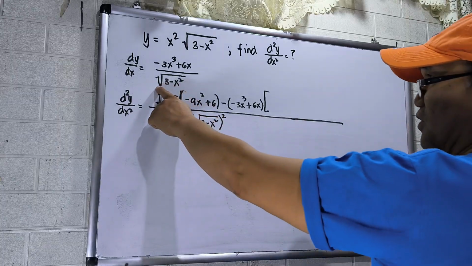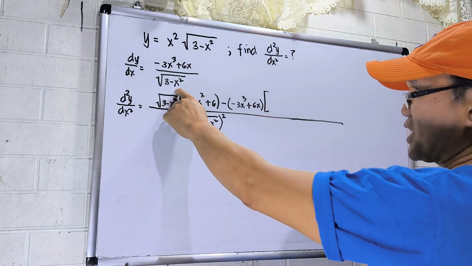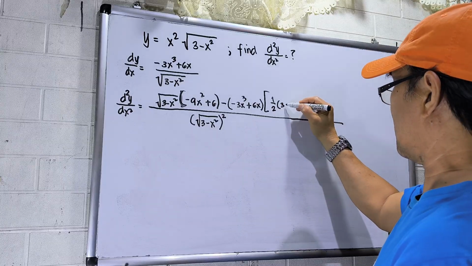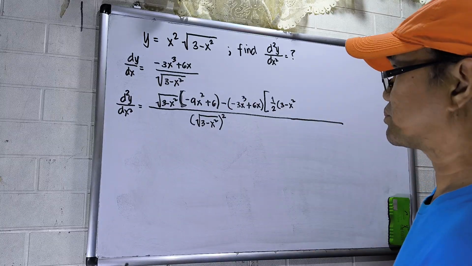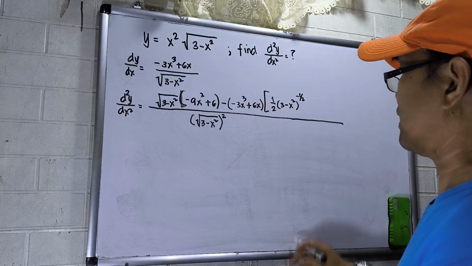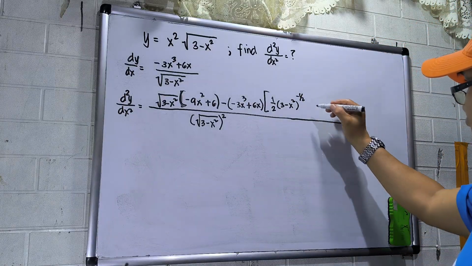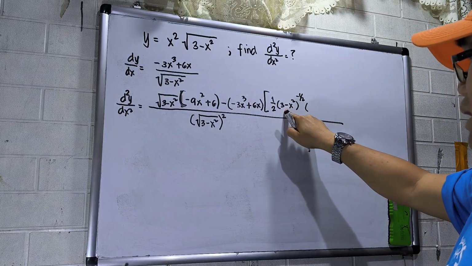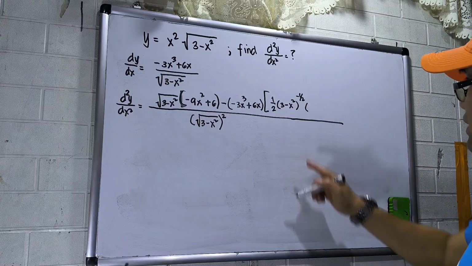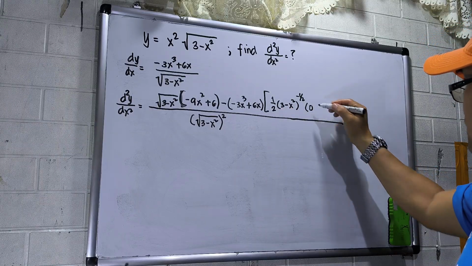So derivative of square root of 3 minus x squared. So this will be 1/2, circle brackets 3 minus x squared, then raised to negative 1/2, because 1/2 minus 1 is negative 1/2. And then derivative of 3, that will be 0.